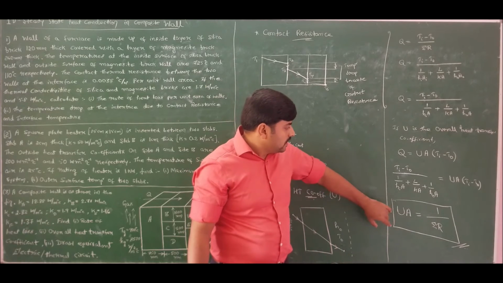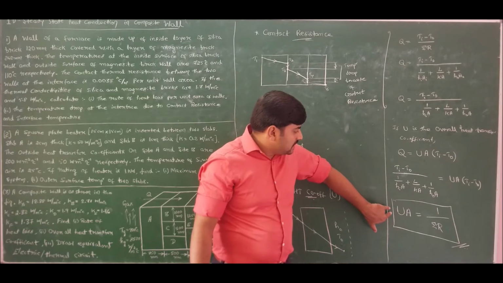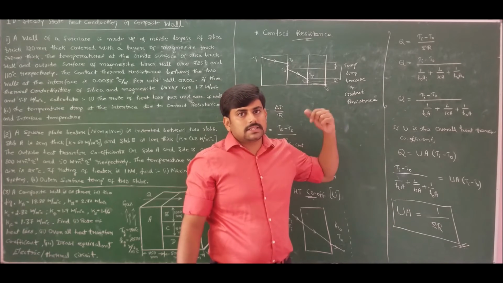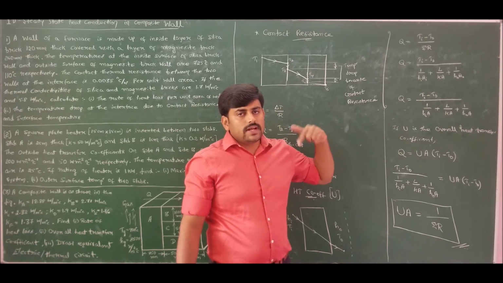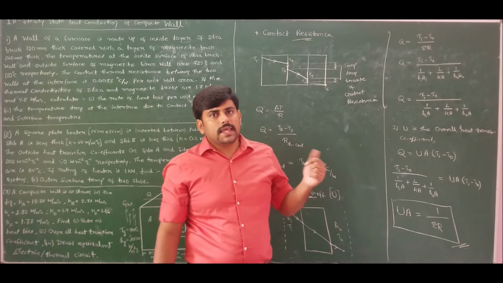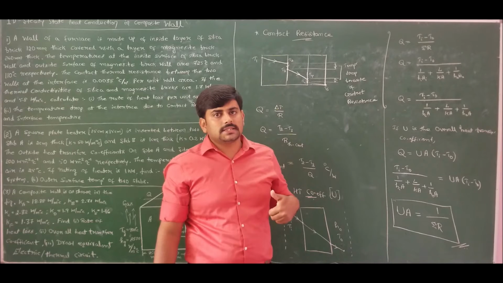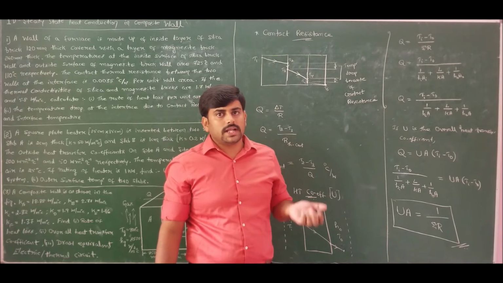The advantage of remembering the equation in this form is that it can be extended easily to cylinders and spheres. For cylinders and spheres, the area differs, because we have an inside surface area based on the inner radius and an outside surface area based on the outer radius.